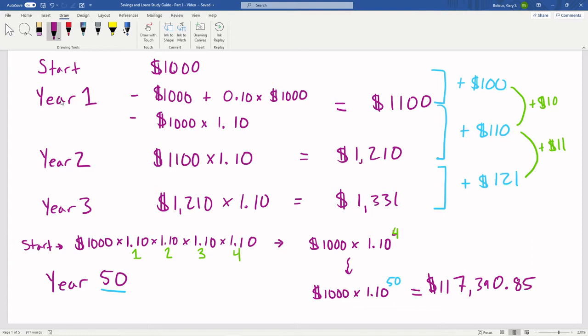So there are other things to think about when you're saving like this, but this is the general idea. This math all works, this is what happens when you do compounding. But it's not so clear cut and dry as just put $1,000 in, look at me, I'm rich after 50 years. Well, there are other things to consider.